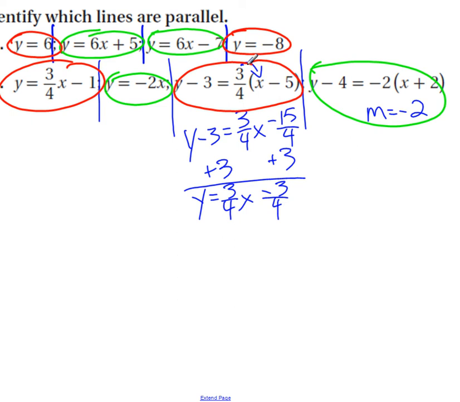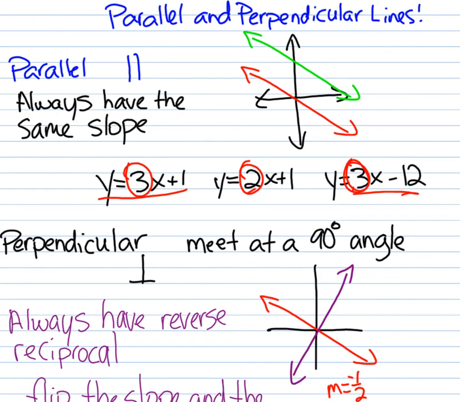If you don't see x, what does it have to be multiplied by? 0. So if you don't see x on either of them, that means they're both being multiplied by 0x. And the number that x is being multiplied by is also known as the slope. So if they're both being multiplied by 0, it means they both have a slope of 0. And if two lines have the same slope, they are parallel.